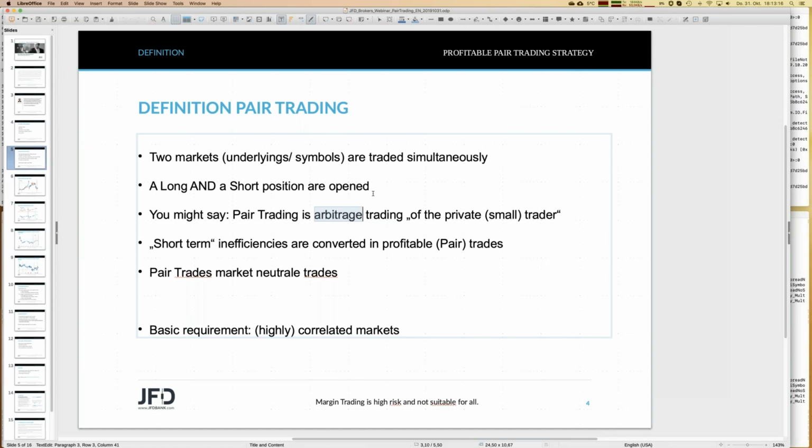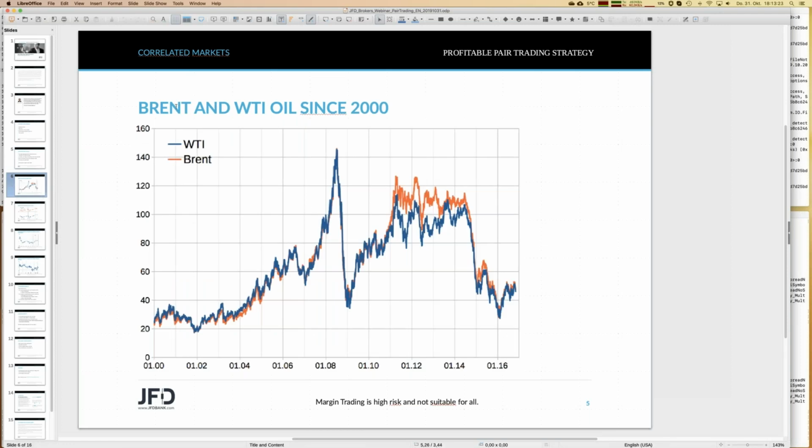and it best would be on a couple of days, then it's really perfect. And let me give you an example, and I mentioned already that we will focus on the two oils, Brent and WTI. What you can see here is over close to 17 years, the price of those two symbols, WTI and Brent. And there are even times you could not even distinguish in my graph between the two.